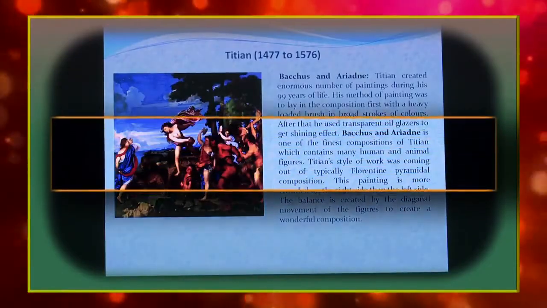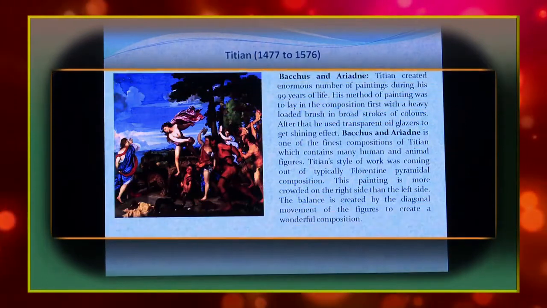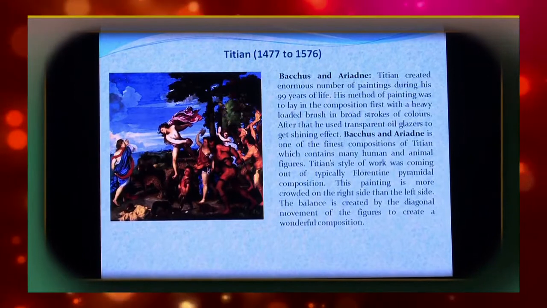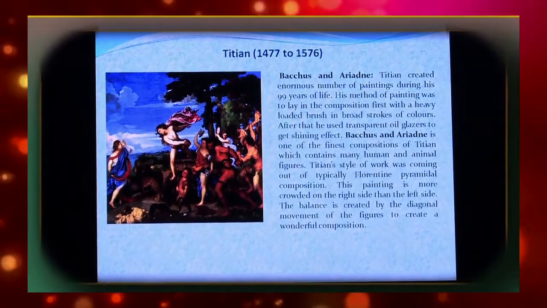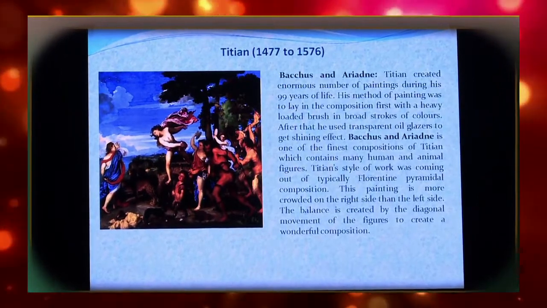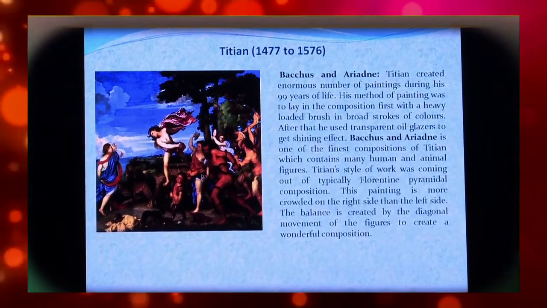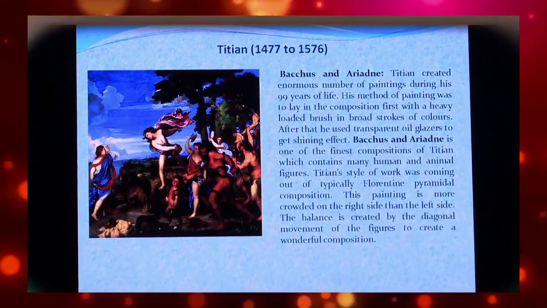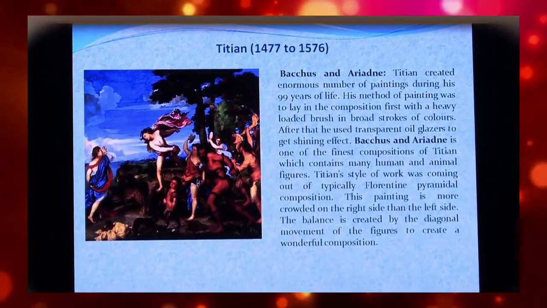Titian, his finest composition, Bacchus and Ariadne. Titian created an enormous number of paintings during his 99 years of life. His method of painting was to lay in the composition first with a heavily loaded brush in broad strokes of colors. After that, he used transparent oil glazes to get a shining effect.